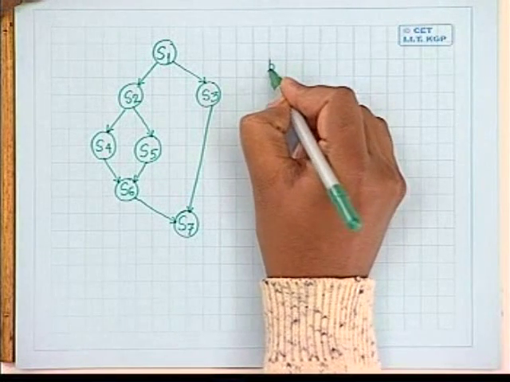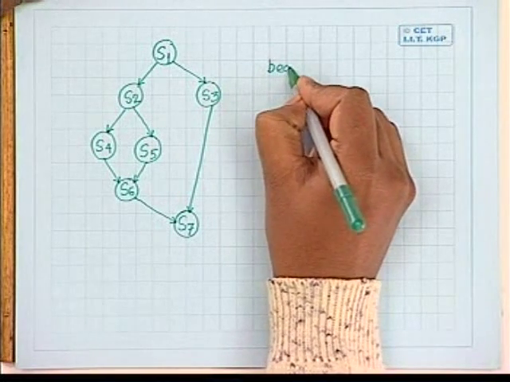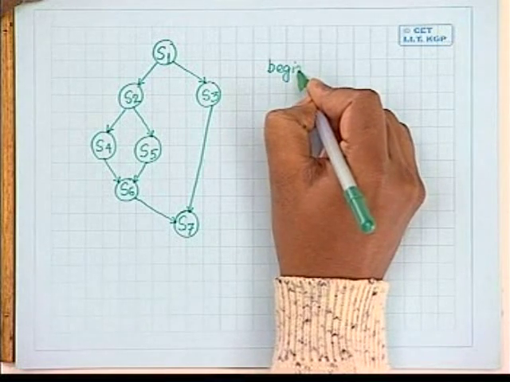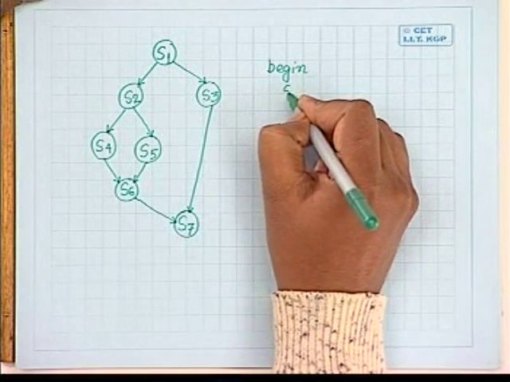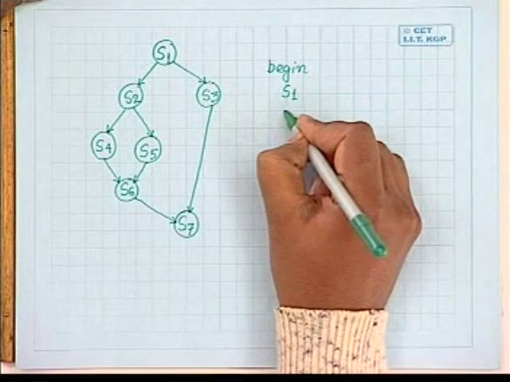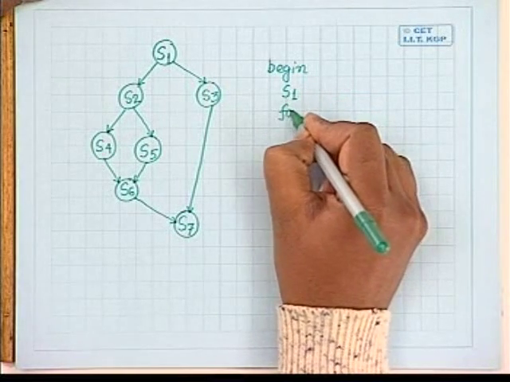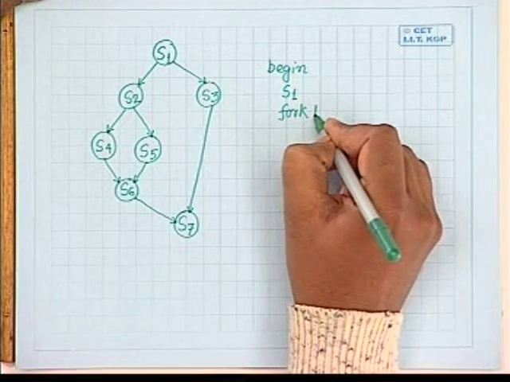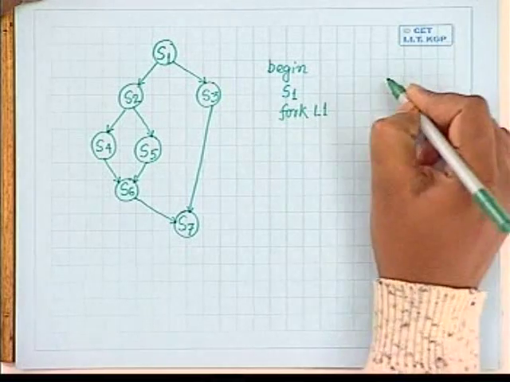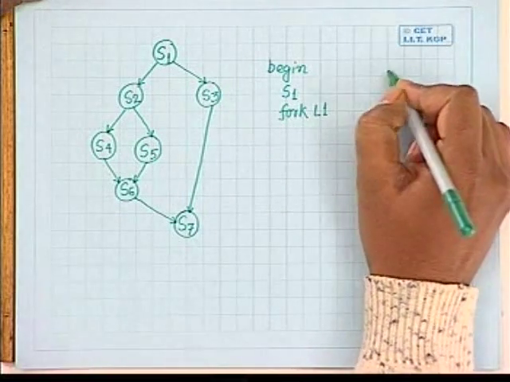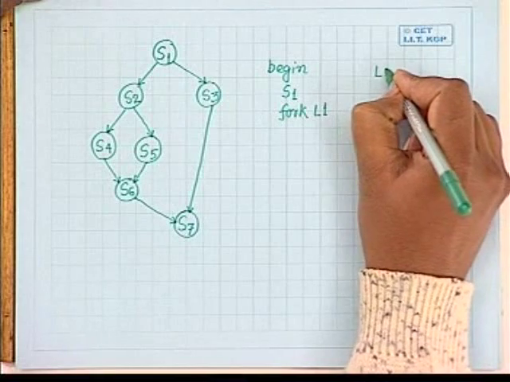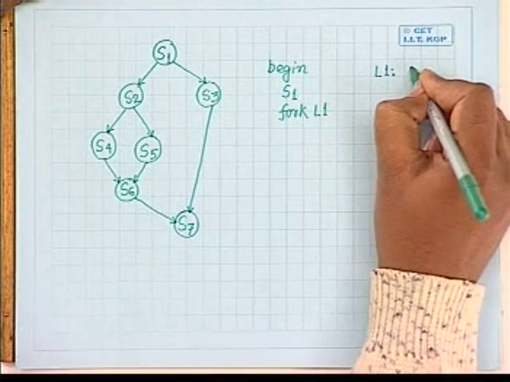I start with again begin, then S1, then fork L1. At L1, I have statement S3.